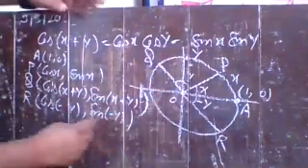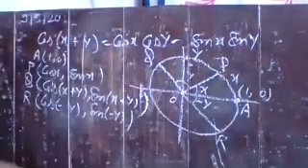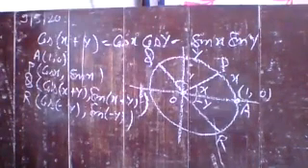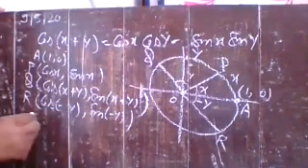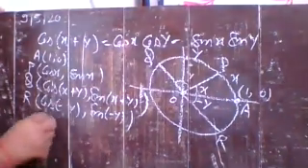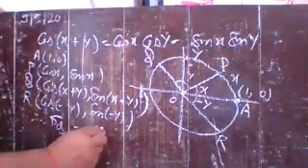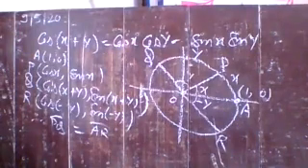Understand? So write it. You start from this point. You can say that the length of arc PQ is equal to the length of arc AR. Arc lengths of both are equal.